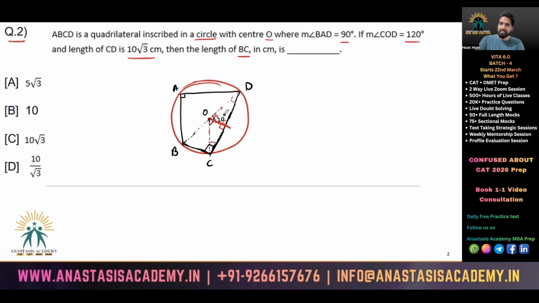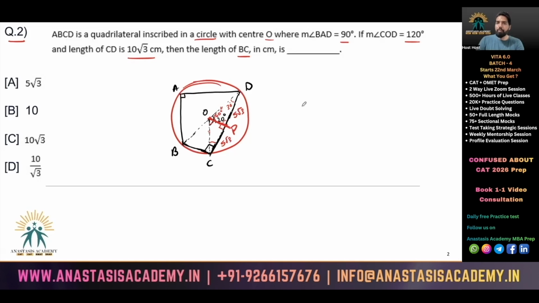So it would be a 30, 60, 90 triangle. Now I know a perpendicular line from the center bisects the chord. The chord length is given as 10 root 3, so let's assume this point to be P. PD is 5 root 3 and CP is also 5 root 3, correct?